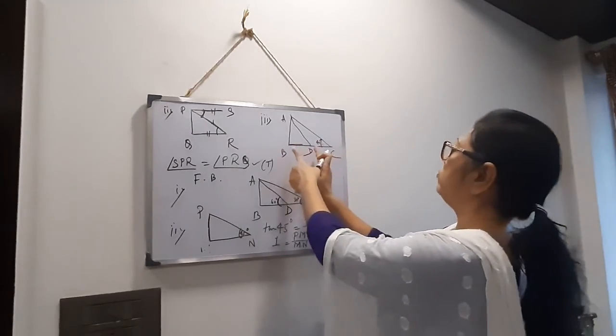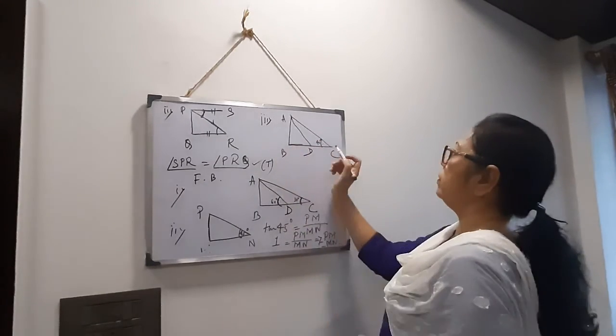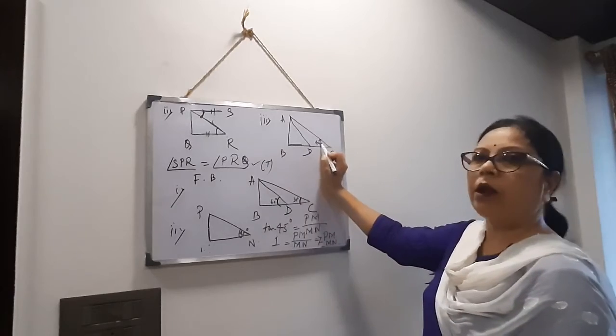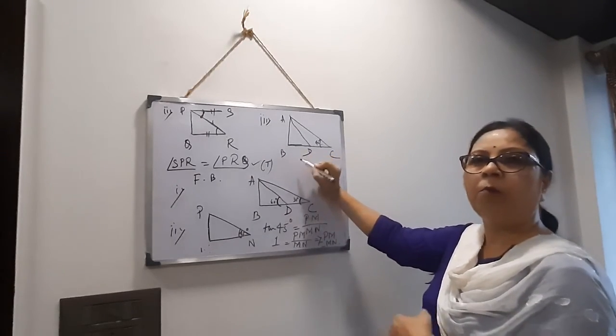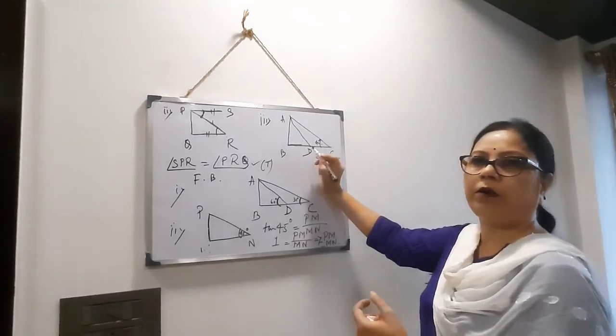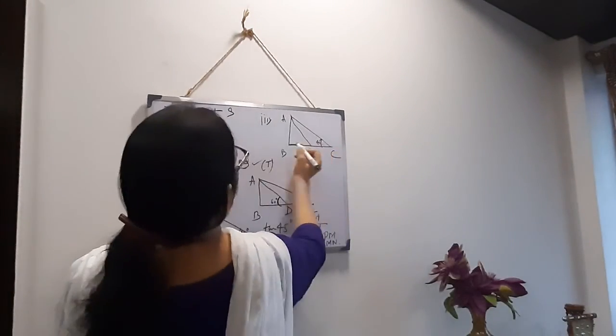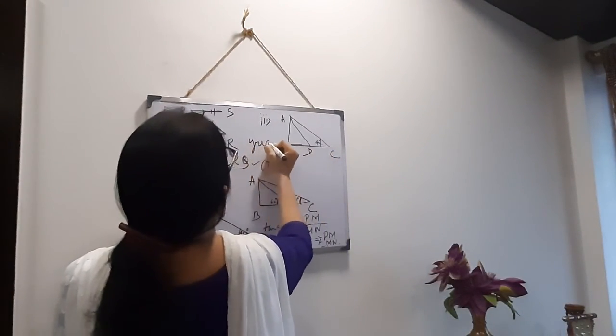So when the length of shadow decreases, in that case the angle of elevation will be greater than 45 degree. So your answer will be greater.